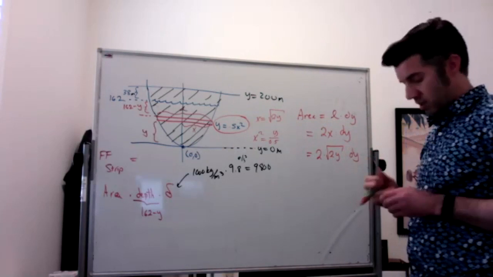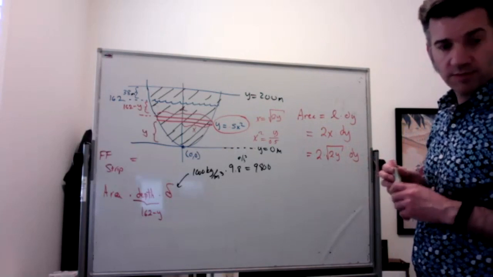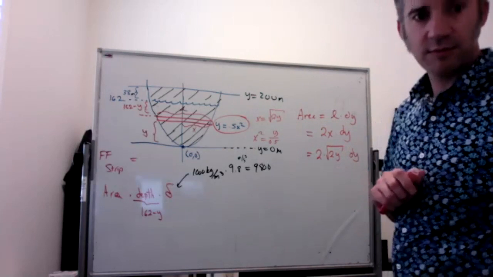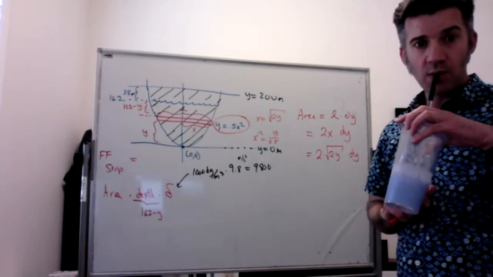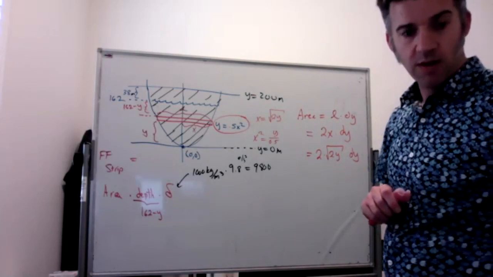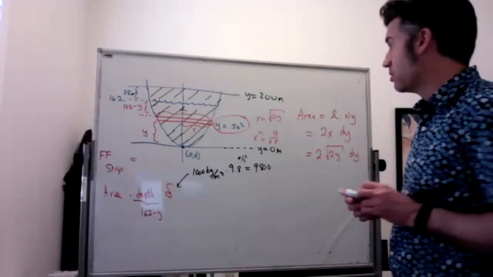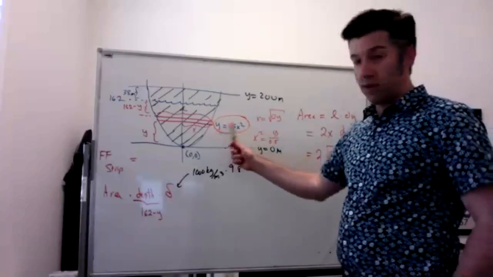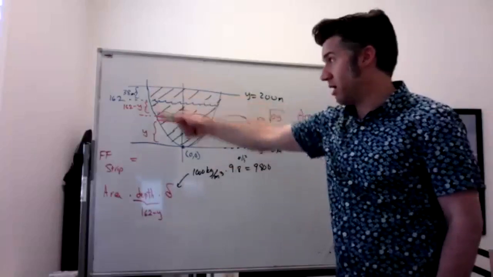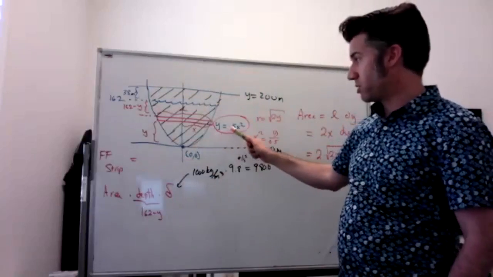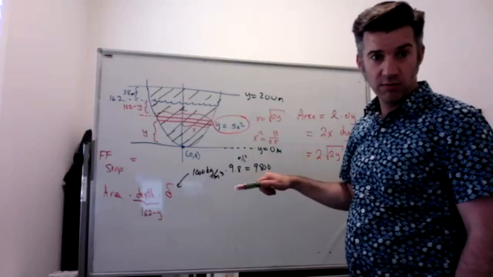Wait, James. Yeah. How did you rearrange again x squared equals y over 0.5? So they gave me the equation, right? The dam has the shape y equals 0.5 times x squared.